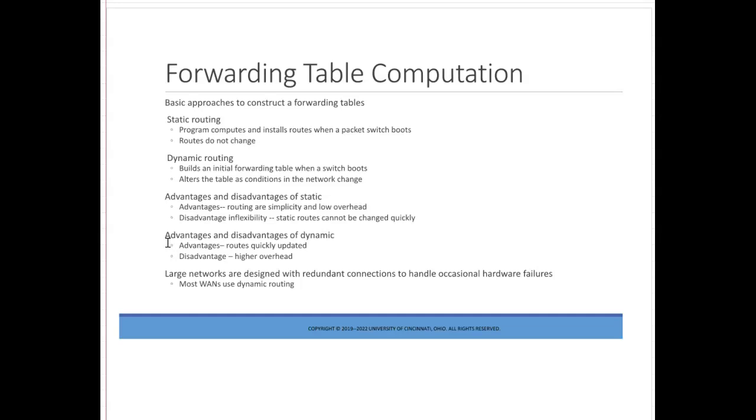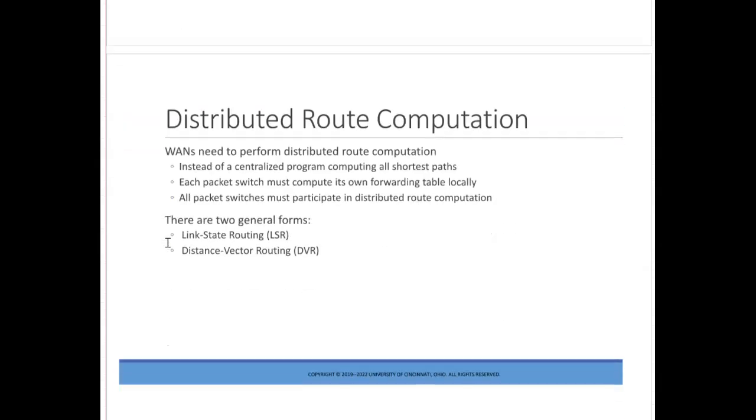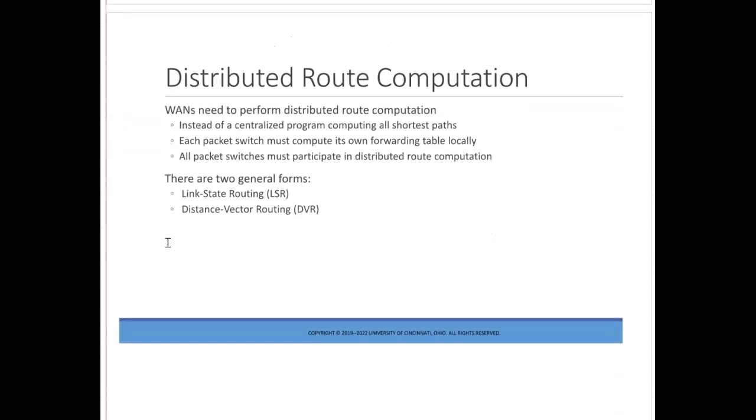Large networks are designed with redundant connections to handle occasional hardware failures, so most WANs use a form of dynamic routing. WANs need to perform distributed route computation. Instead of a centralized program computing all shortest paths, each packet switch must compute its own forwarding table locally.